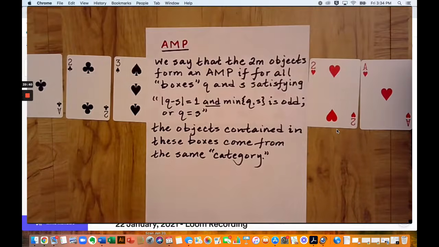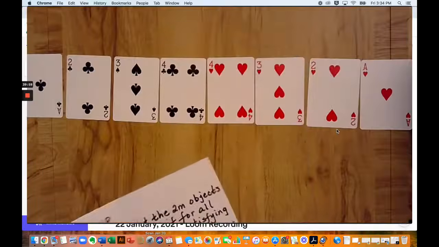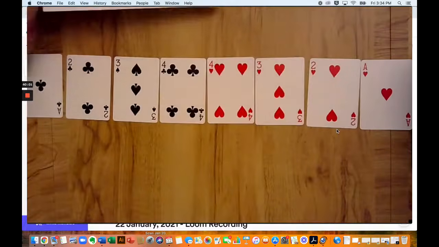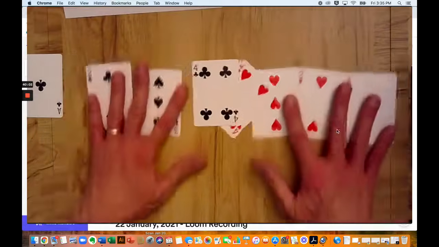Okay, so if we wanted to continue to use the original categorical relation that two cards are equivalent if they have the same value, which is what we did for our two-cycle, then what we'll need to do here is rearrange these cards in the following way.